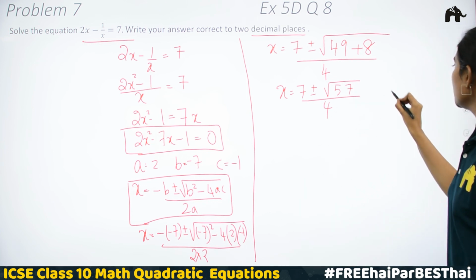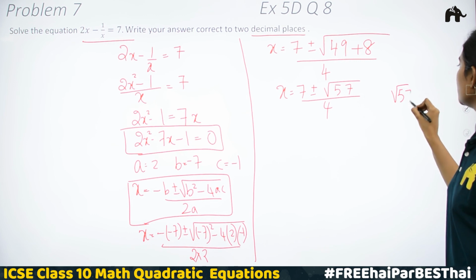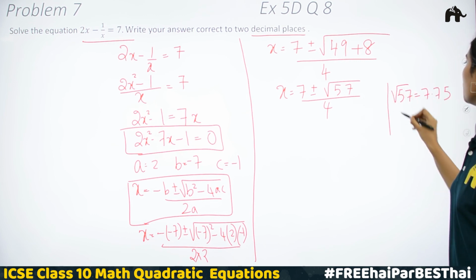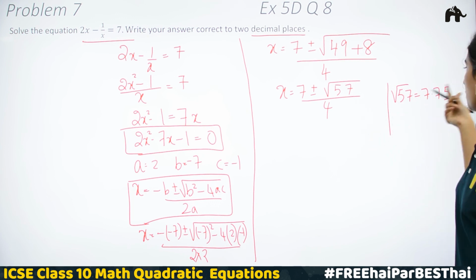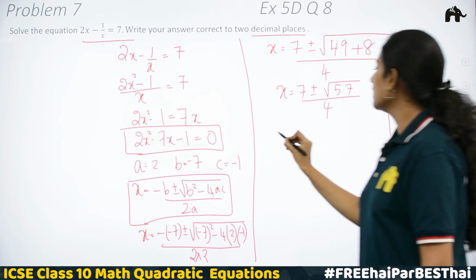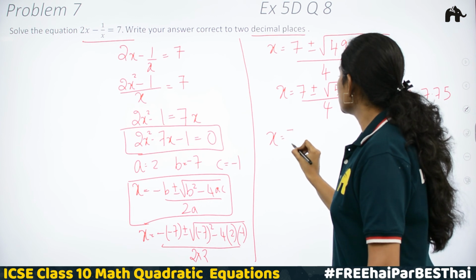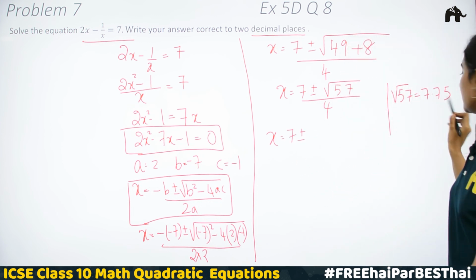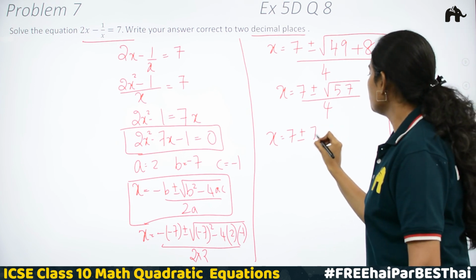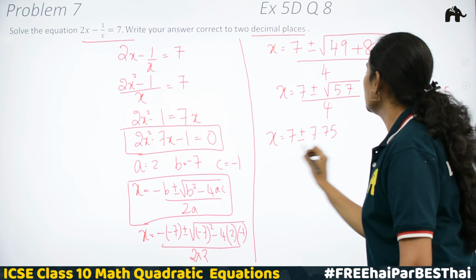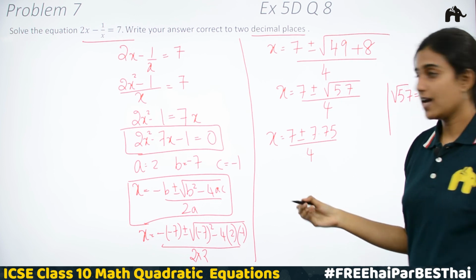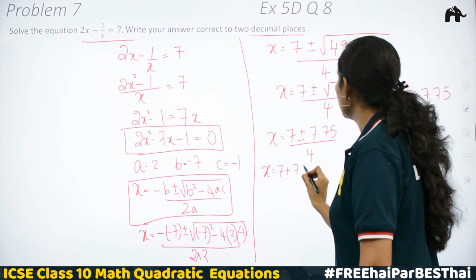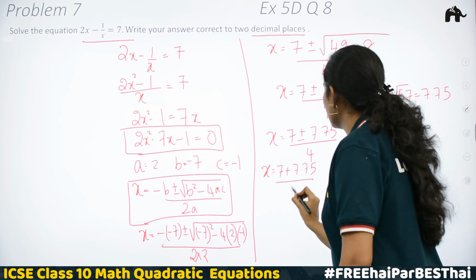When you calculate, you get root 57 is equal to 7.75. Let's substitute. x is equal to 7 plus or minus root 57, which is 7.75, divided by 4. The first value is x is equal to 7 plus 7.75 divided by 4.